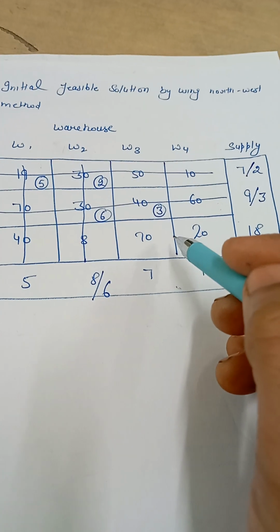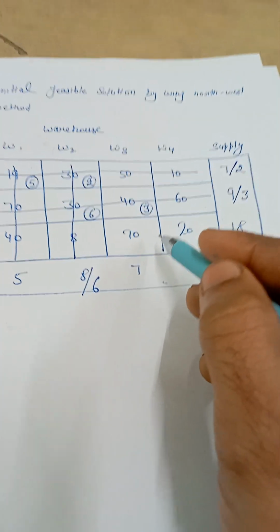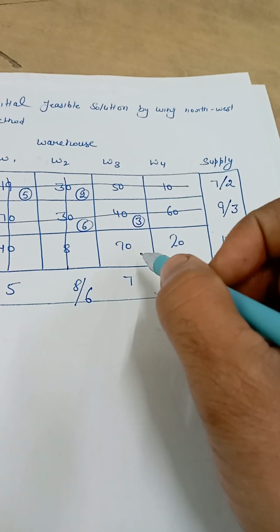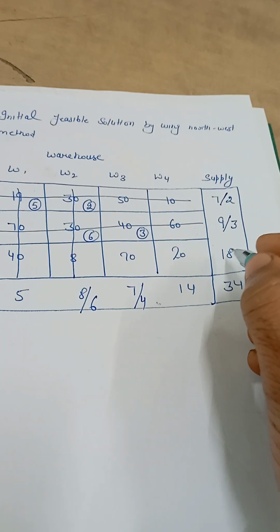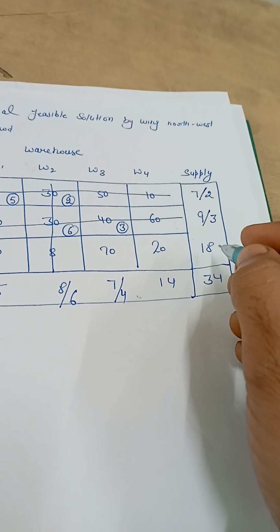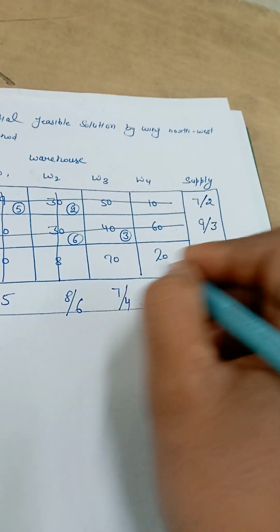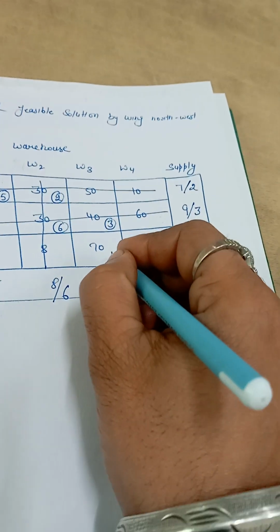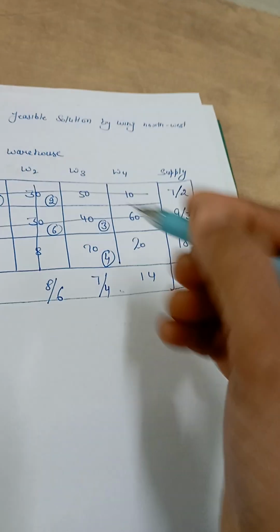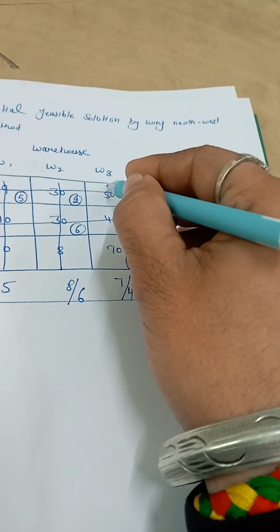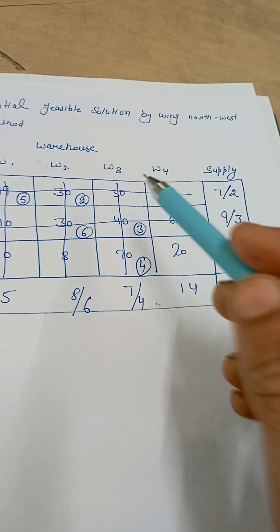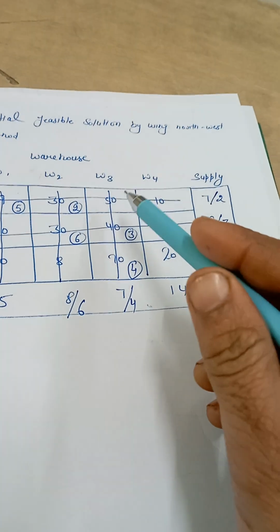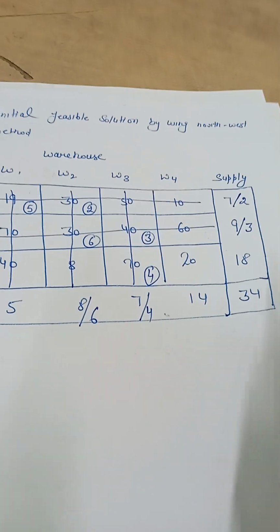Now we move to the next corner, which is 3 3. In this corner the demand pending is 4 and supply is 18. Here demand is less than supply, so we put 4, and column 3 will be deleted, or you can say that the demand of column 3 is satisfied.